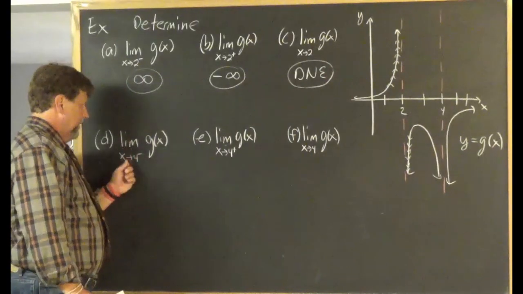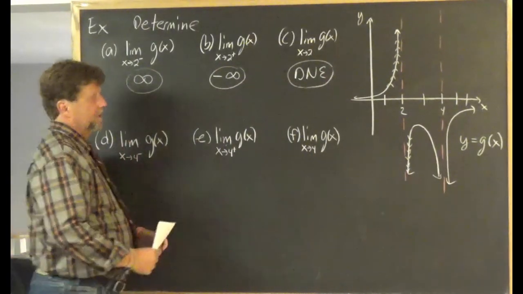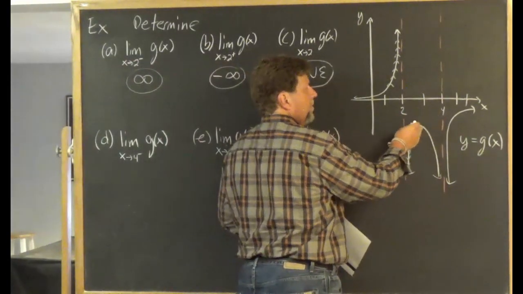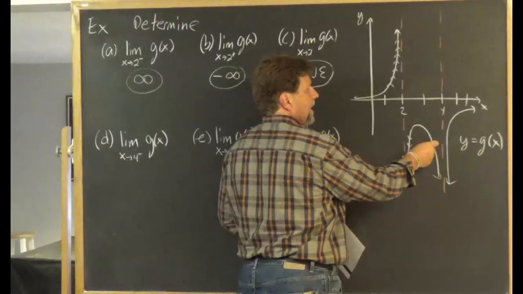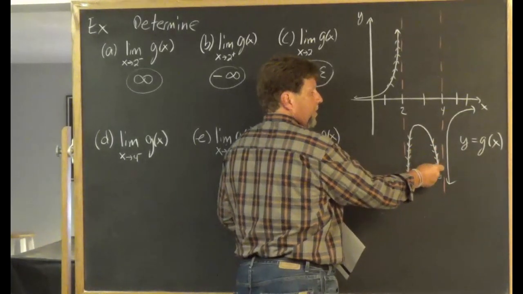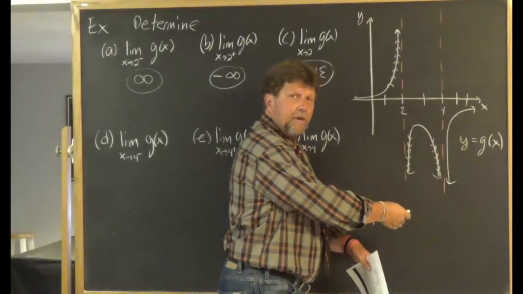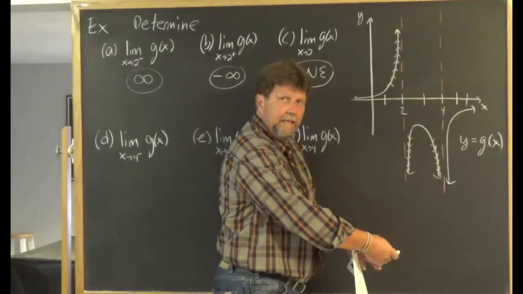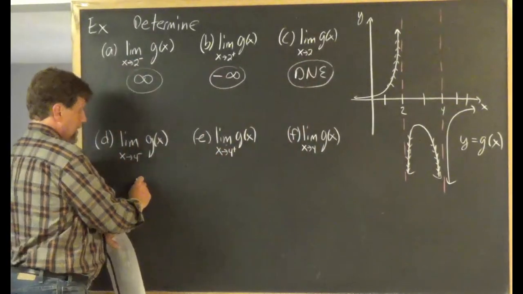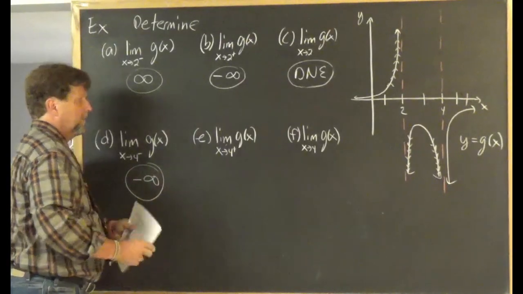Part D, the limit as x approaches 4 from the left side. So let's come over here and look at that. So here's 4. So I'm approaching 4 from the left side. It looks like as I get closer and closer to 4 from the left side, those function values are decreasing without bound. So this limit is negative infinity.